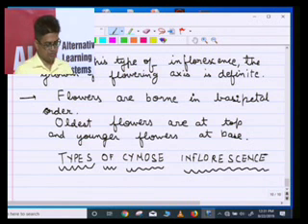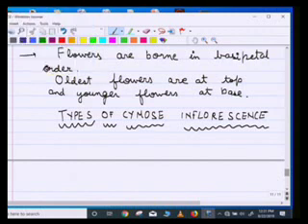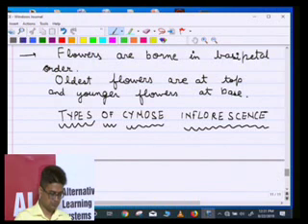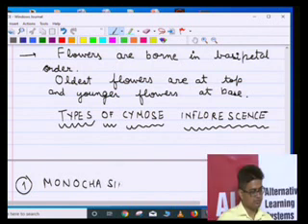It is of many types such as monochasial cyme. Monochasial cyme or simple cymose.